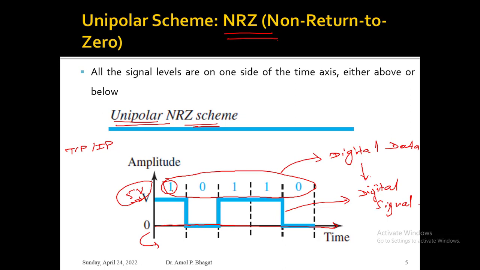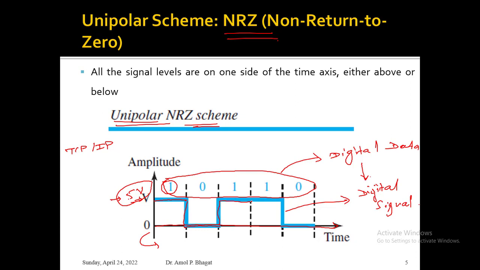So it is not compulsory that you always represent the data bit using the high voltage level. You can represent one with the high voltage level, or even you can represent one with the zero voltage level. Okay, so the graph will be exactly opposite if you are representing one with the zero voltage level, right? So it is simple: one here is represented with the 5 volt value, right? Then 0 is represented with 0 volt.